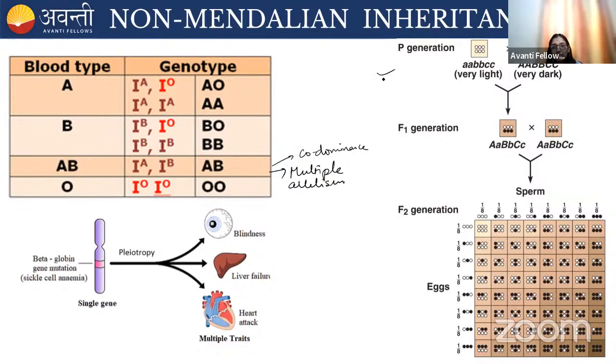The skin color shows polygenic inheritance because there are many genes. There are A gene, B gene, and C gene, and they are controlling the skin color. So the more dominant alleles, the more is the expression. As you can see, this is very dark. Why? Because they have 6 dominant alleles. This person is very light because there is no dominant allele. So the more the dominant alleles, the more will be the expression.